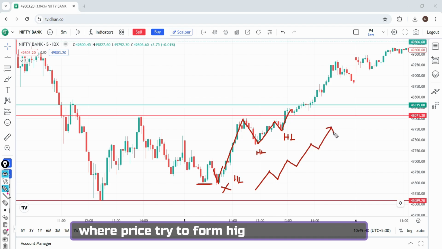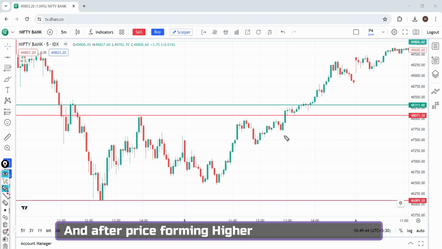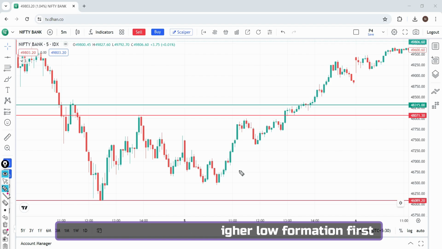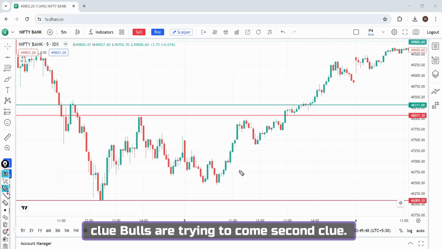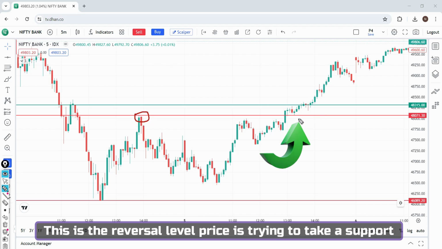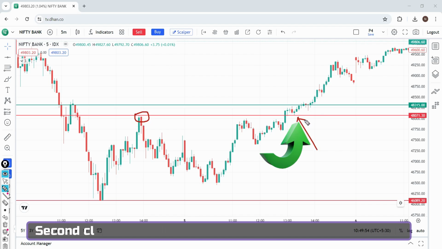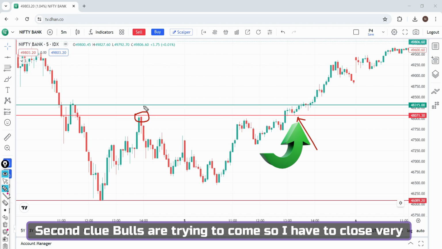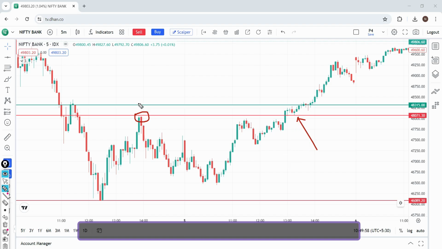After price forms a higher low formation, first clue, bulls are trying to come. Second clue, this is the reversal level, price is trying to take support. Second clue, bulls are trying to come.